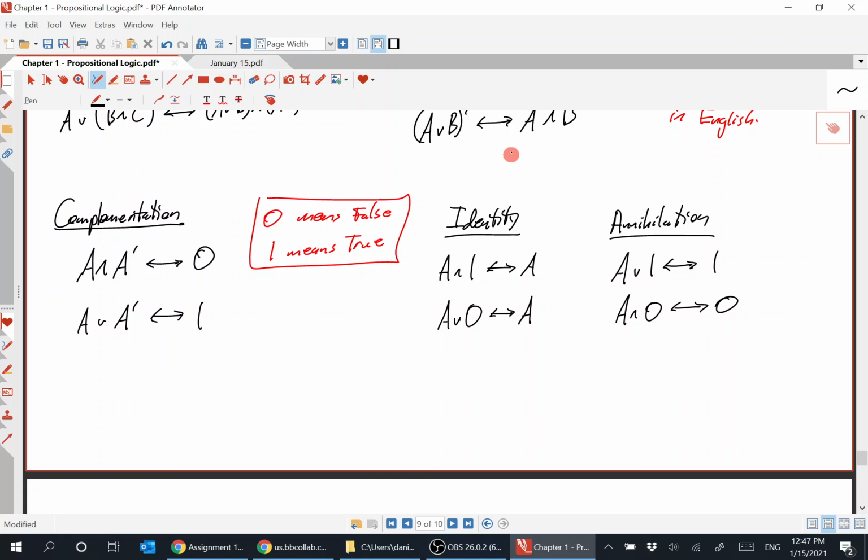The last one is called idempotent, and this one is going to be used in the homework. A and A is logically equivalent to A, and A or A is logically equivalent to A.